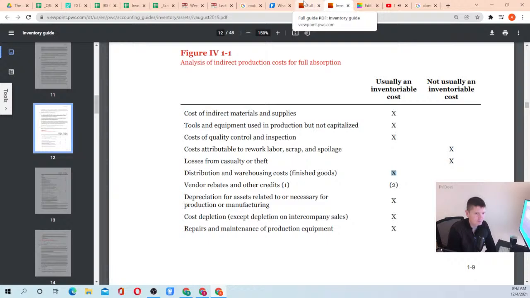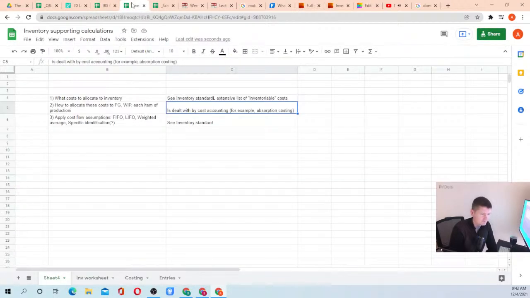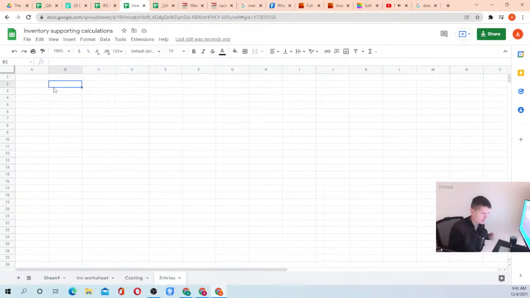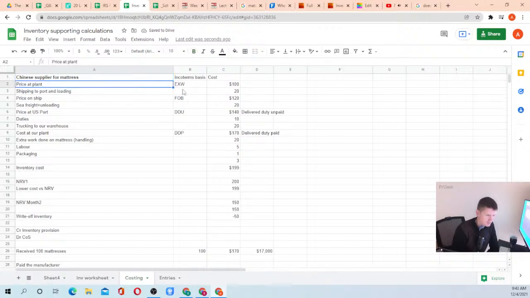So you allocate your warehousing cost to the finished goods. And if you keep inventory, let's say, what example can we have here. So you bought items. Okay, I already have an example here. Chinese supplier for mattresses. We bought, the price in China is $100. Then we have shipping to port and loading.